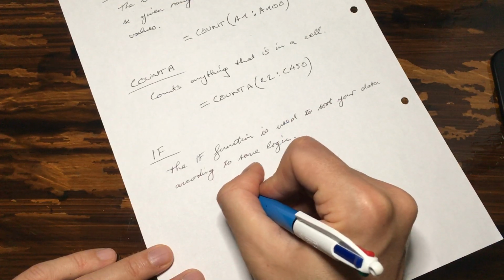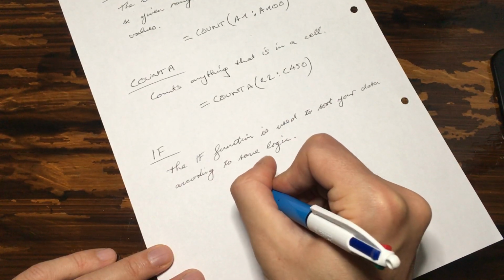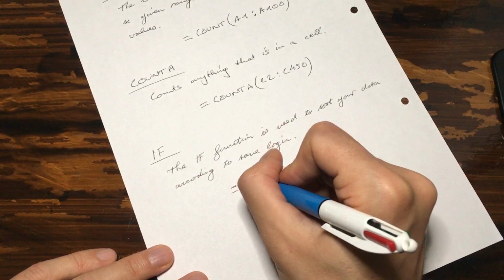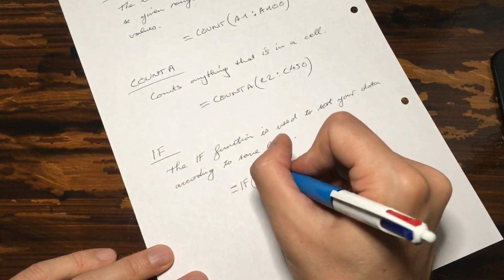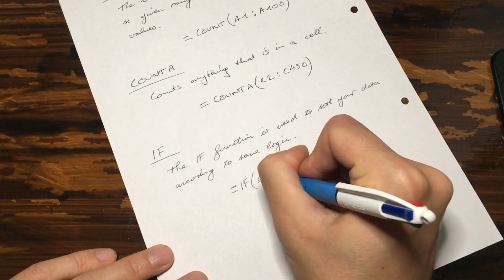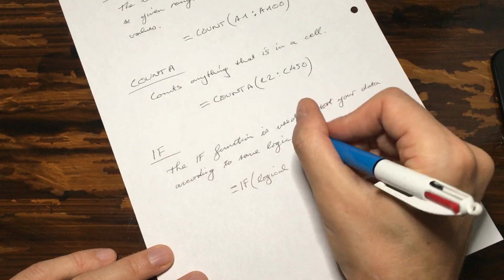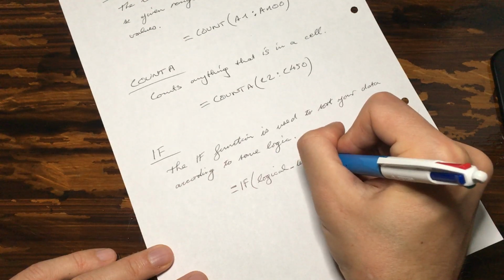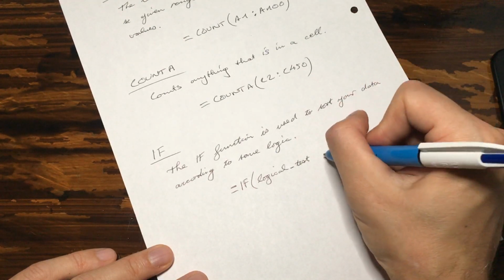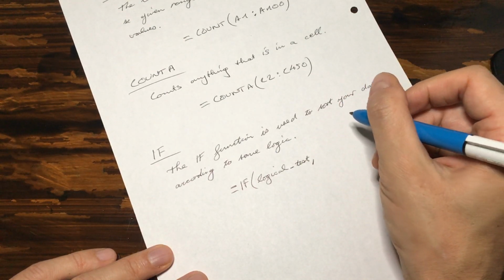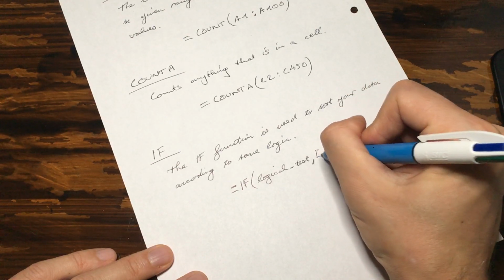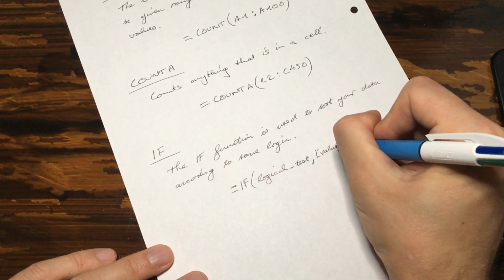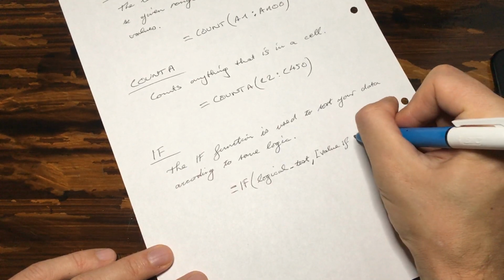So it starts off like this, equals IF, and then you've got, I'm going to just write, logical test, then you've got a comma, and then I'm going to just do it like this, square brackets, value if true.